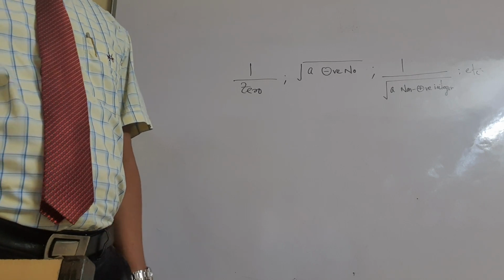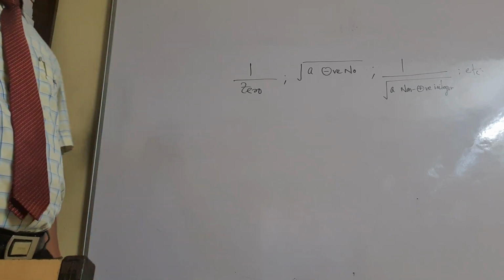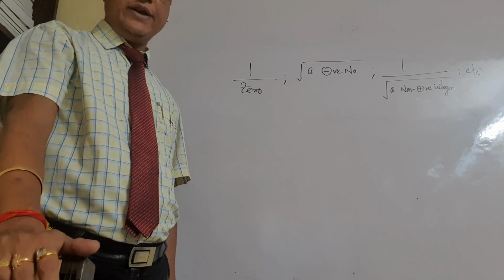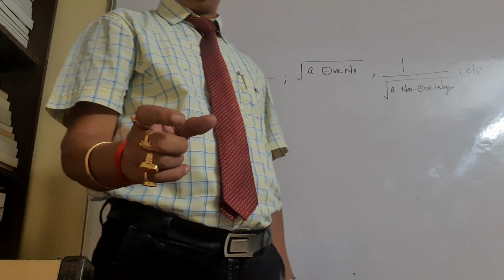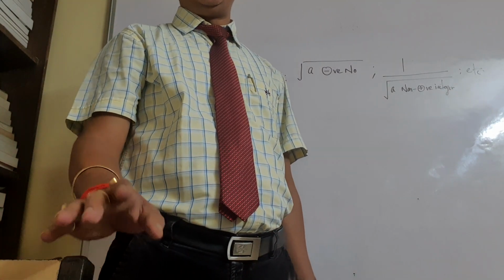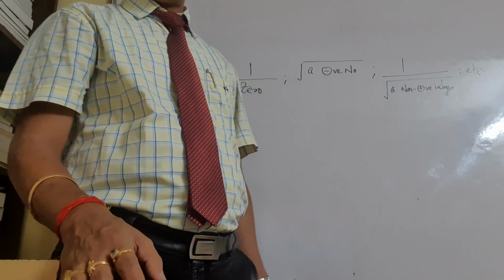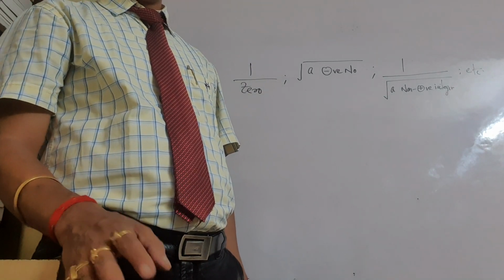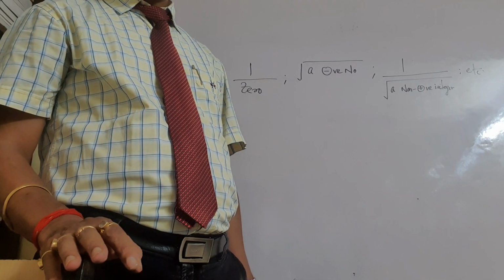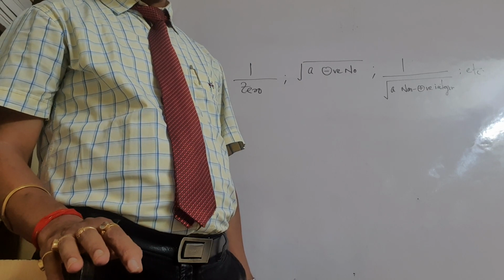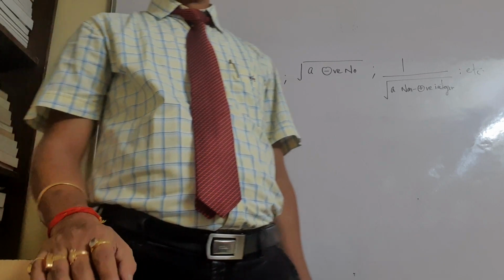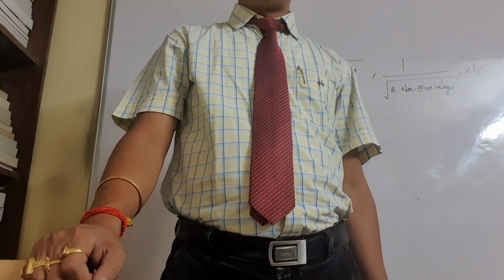So these are the simple basic rules for domain. Based on this I did a sum before, the rational function. We put the denominator equal to 0 and got x equal to 2, because for x equal to 2 it is not defined. So the domain of the function is all the real values except 2. Am I right? Yes.